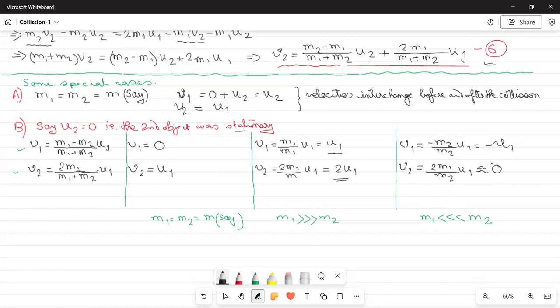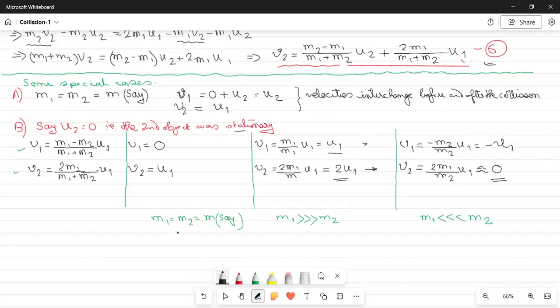That means if the second object is very heavy in comparison to the first object, the second object final velocity will be 0. That means it will not move at all. But the first object will rebound back with its own velocity. And if the first object is much heavier, then the first object will continue to move with its own velocity, and the second object will be thrown out at its double velocity.